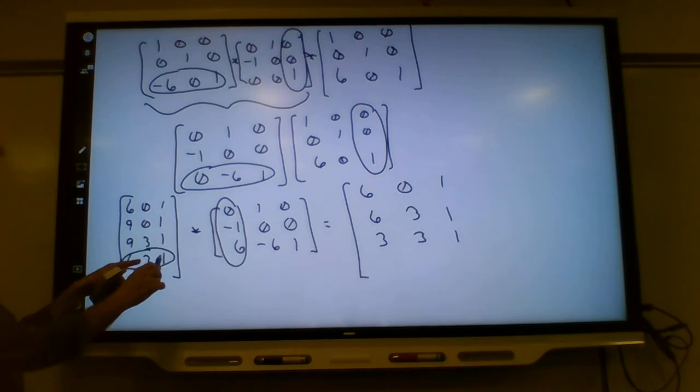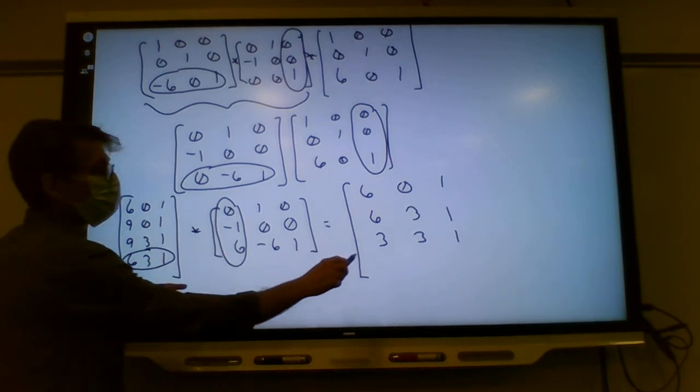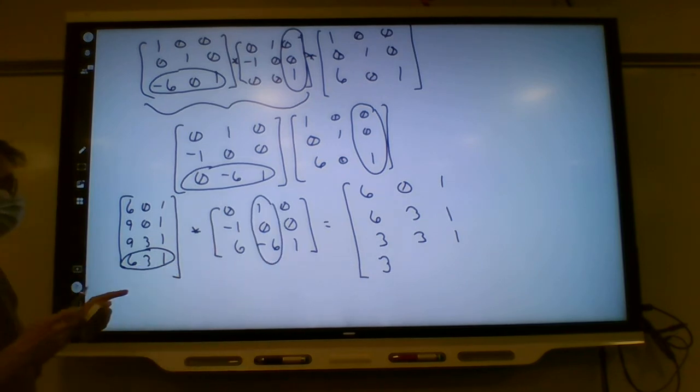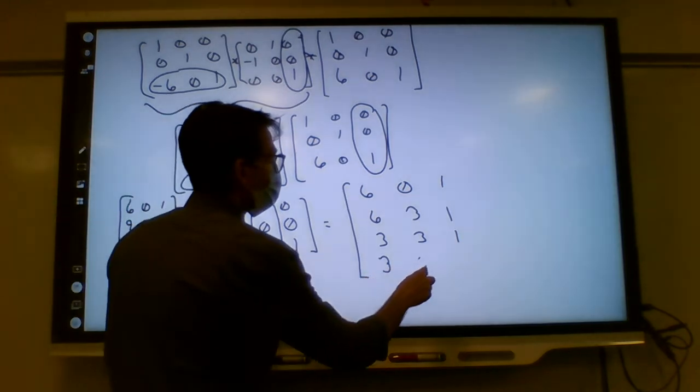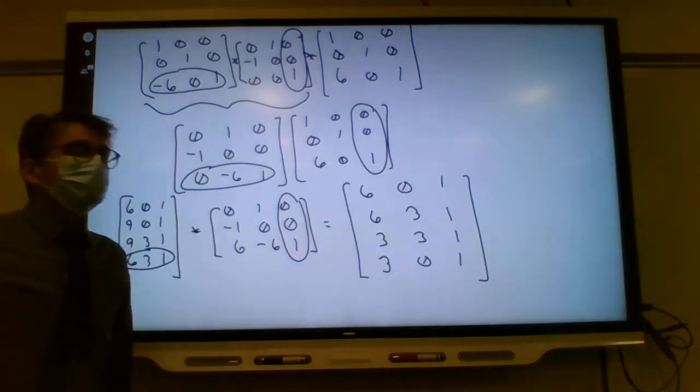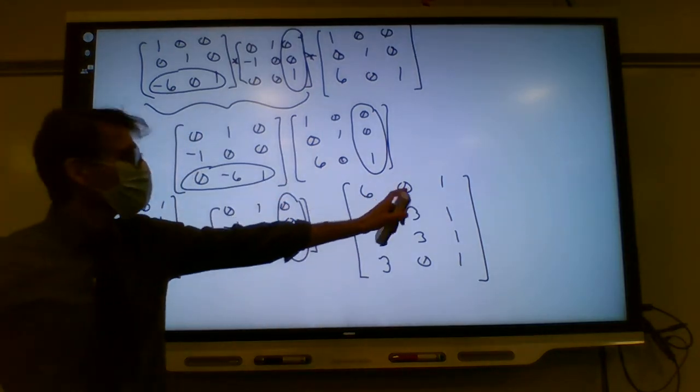So negative 3 plus 6, positive 3. 0, 1. Okay, so this is what we end up with, and then if we project back down, we have just the first 2 columns of that.